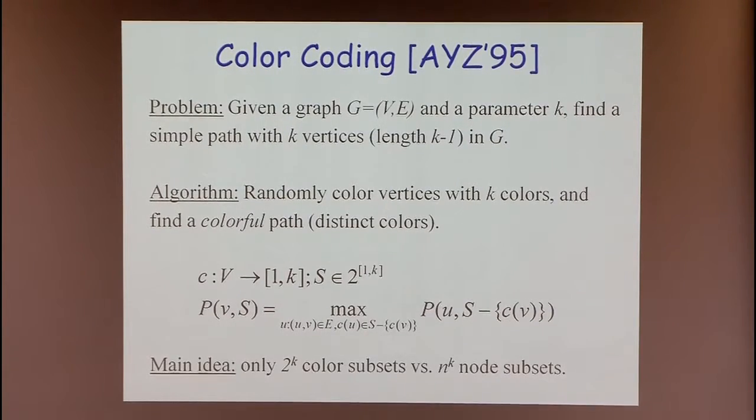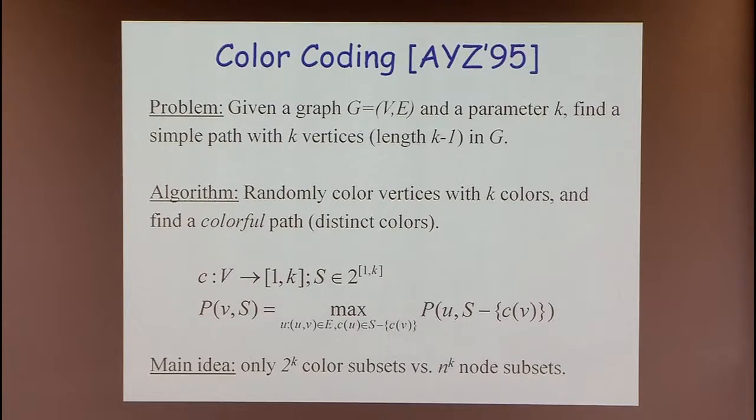And again, the main idea here is that instead of considering subsets of vertices, which would cost you n to the k, in your dynamic programming you are only considering subsets of colors, so this costs you only 2 to the k.